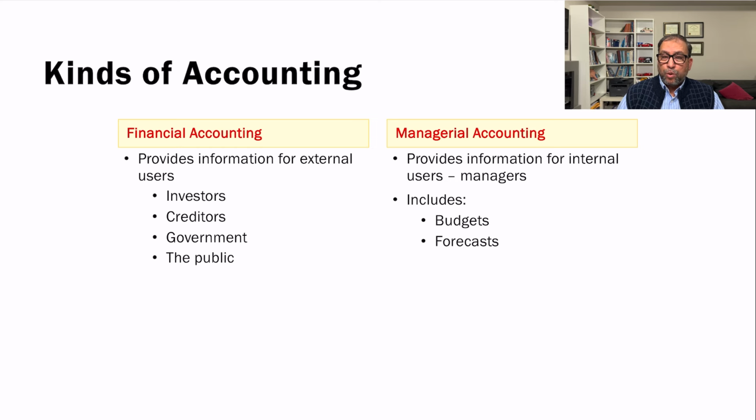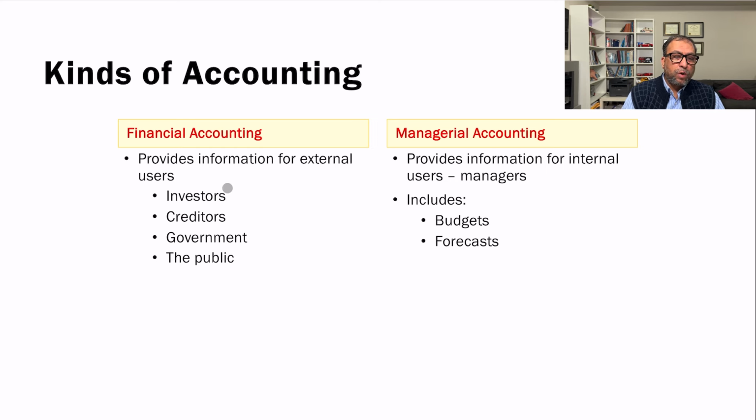Because it's produced for internal users, the communication is easier and more frequent as compared to external users. So for that reason, there is no such standard. They try to provide the information as per the requirement of the managers who want information to make decisions.